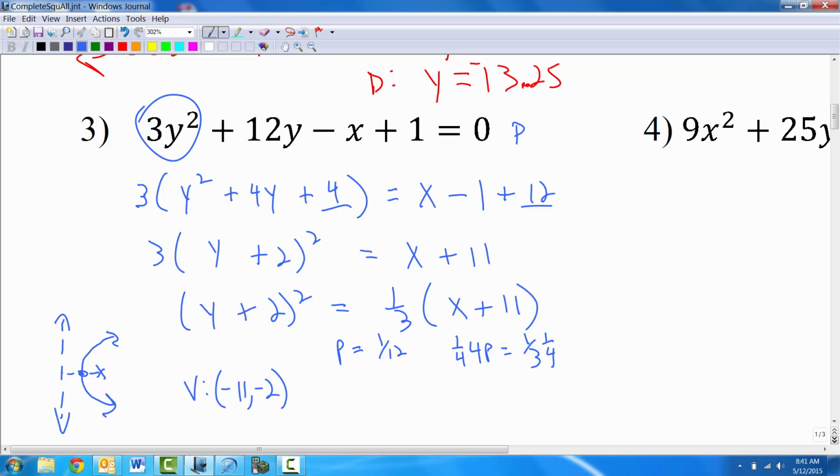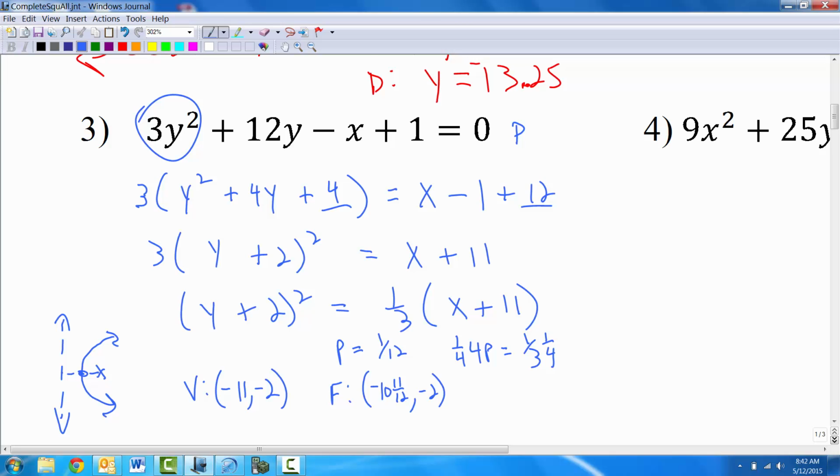Now, what do I have to do for the focus? I have to move right. Who does that affect, the -11 or the -2? -11. If you want to be all fancy, going right of that, that's (-10 11/12, -2). That's all it is. You move a 12th to the right, you're adding positive 1/12 to -11.